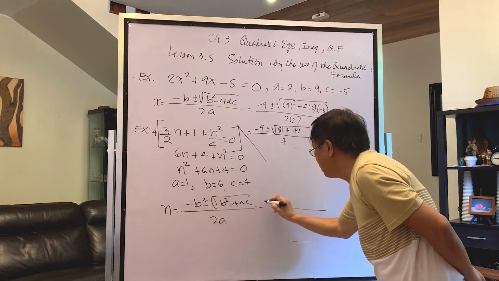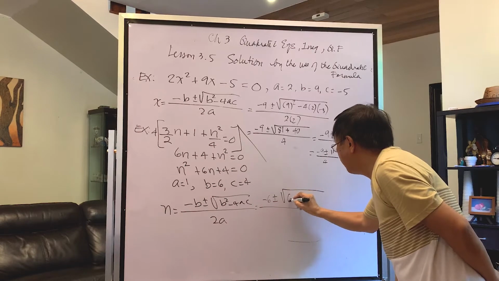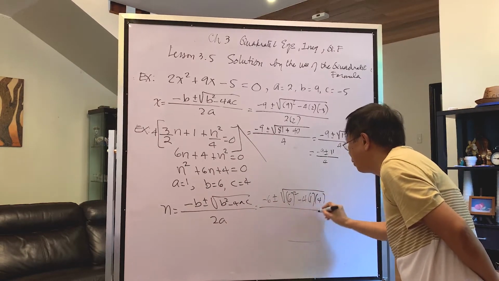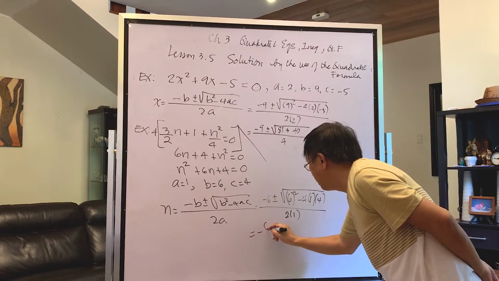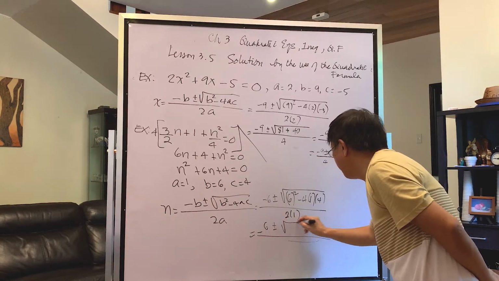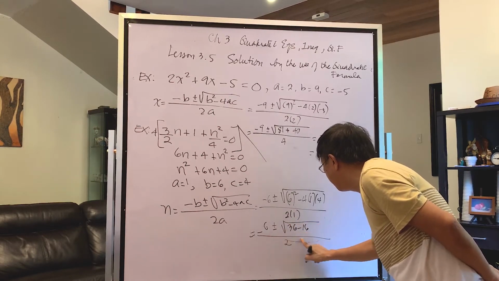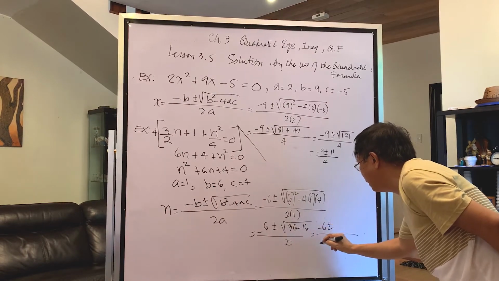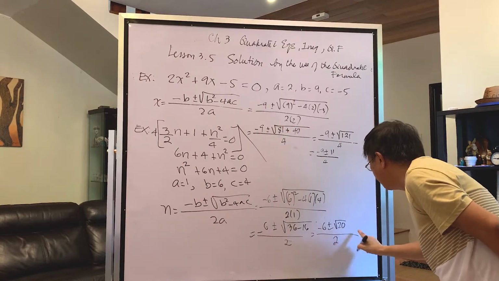We have b is 6, so we have negative 6 plus or minus 6 squared minus 4 times 1 times 4 all over 2 times 1. Simplifying this, we get minus 6 plus or minus square root of 36 minus 16 all over 2. We can write this as negative 6 plus or minus square root of 20 over 2.